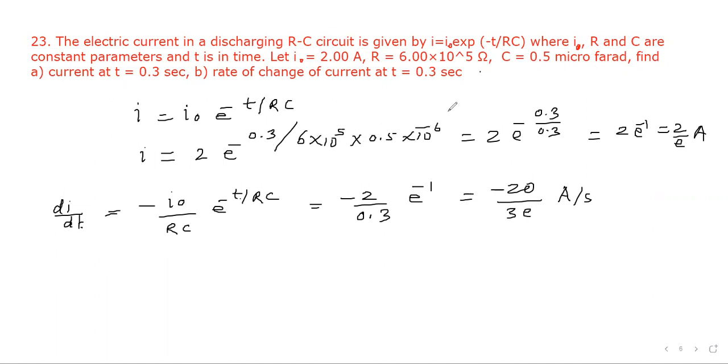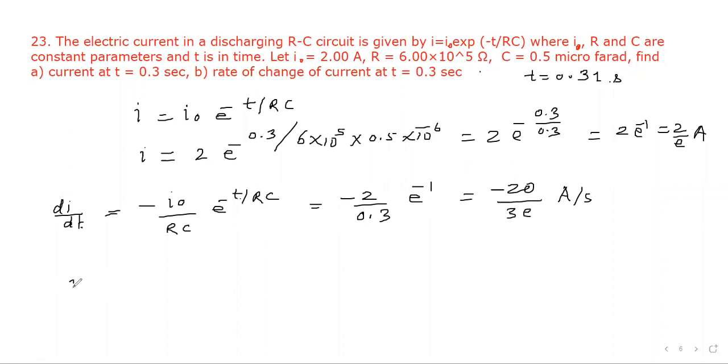We have to find out the current when t becomes 0.31 seconds. So let's evaluate it.